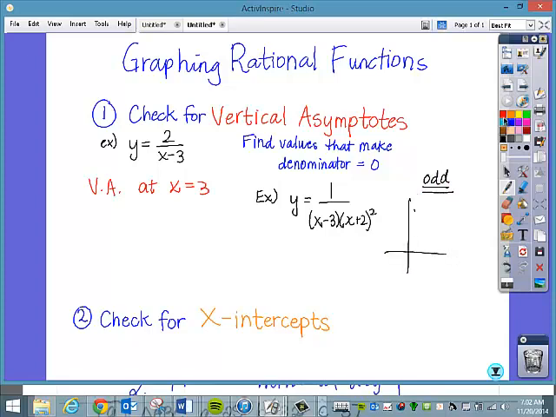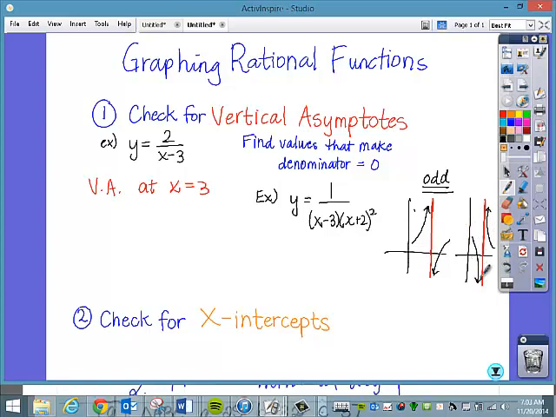here's your x and y axis, and here's your vertical asymptote. Your function is going to approach the asymptote going up on one side and going down towards the asymptote on the other side, or it might look like it's going up on the right and pointing down towards the left.